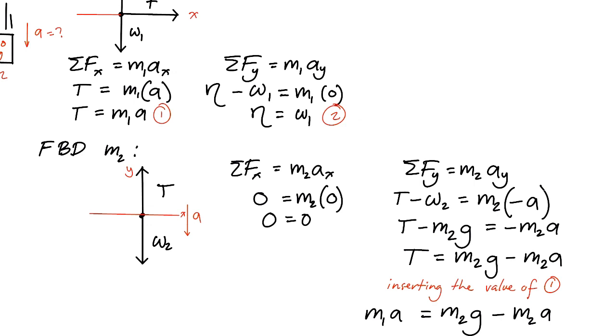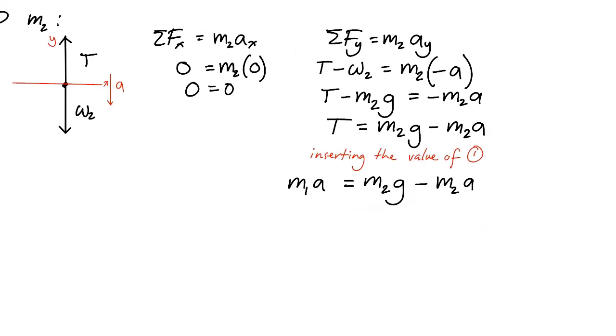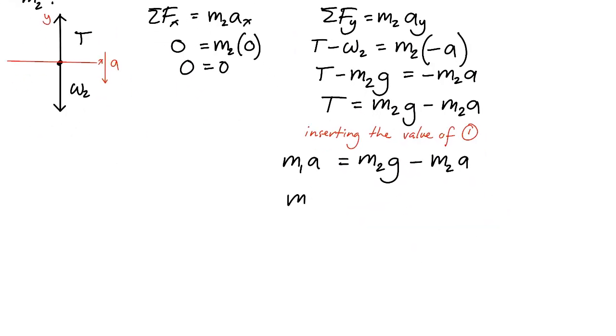So again, for this problem, we are trying to solve for the value of the acceleration of both objects. This A is what we want to solve. In order to do that, we need to isolate that variable on one side and put the rest of the variables on the other side. We also have A here, so let's try transferring that to the other side of the equation. So we get M1A plus M2A, it was negative on the other side, and when transferred it became positive.